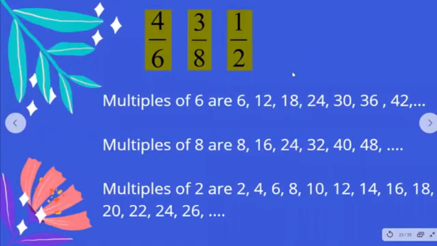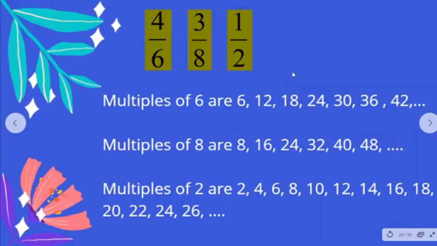The multiples of 6 are 6, 12, 18, 24, 30, 36, 42, and so forth. The multiples of 8 are 8, 16, 24, 32, 40, 48, and so forth. The multiples of 2 are 2, 4, 6, 8, 10, 12, 14, 16, 18, 20, 22, 24, 26, and so forth.